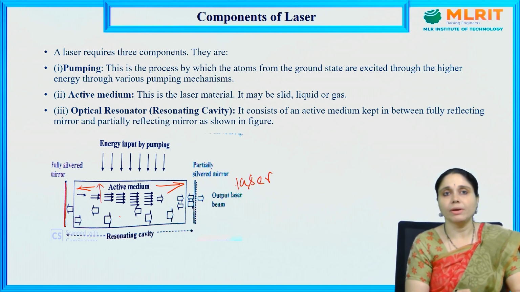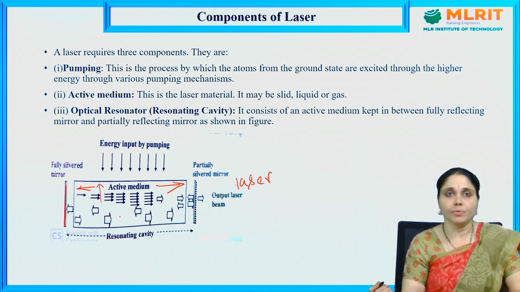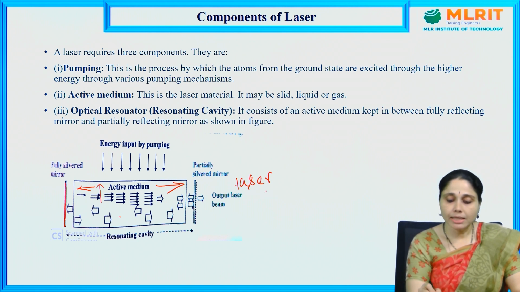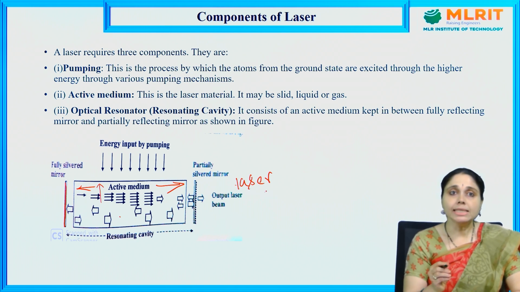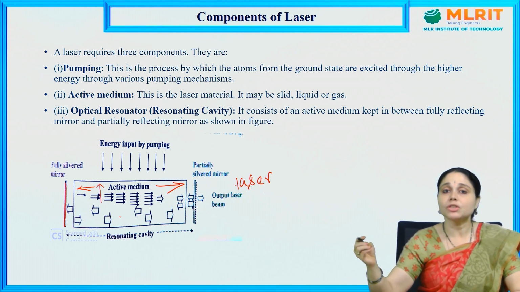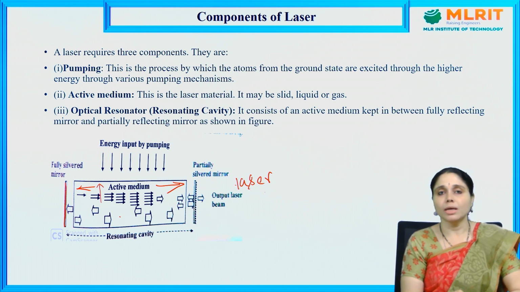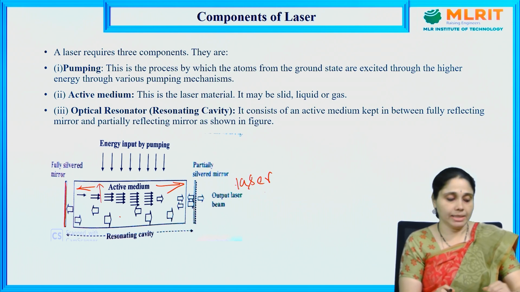The required laser will be produced by the amplification of the de-excited radiation. So the laser will be produced whenever the radiation produced from the atoms is in coherence with each other. This is about the components of lasers.